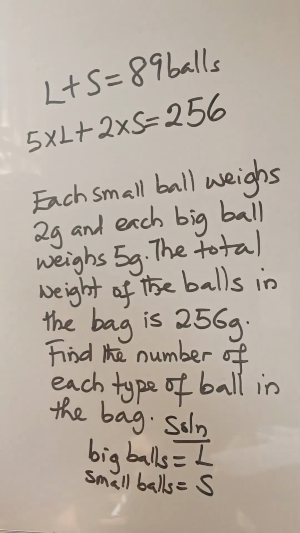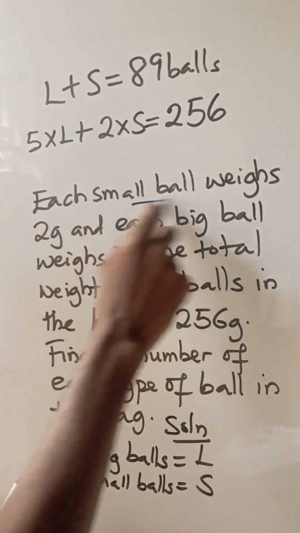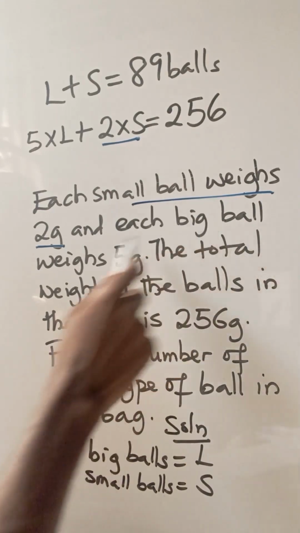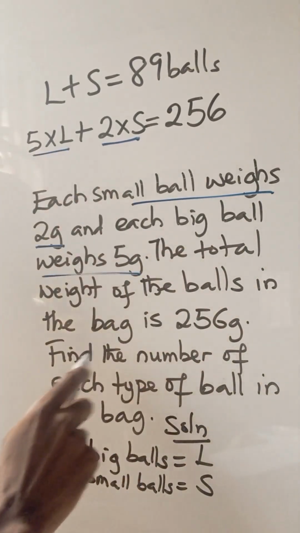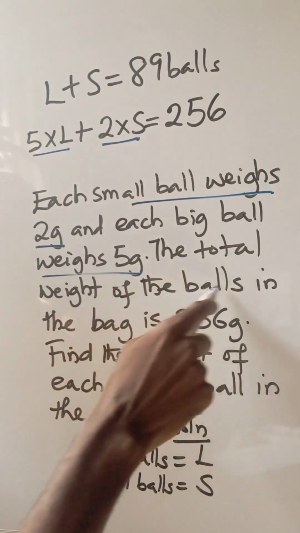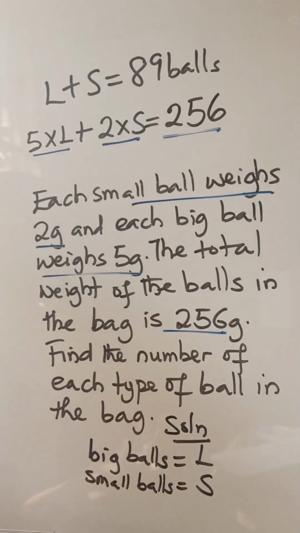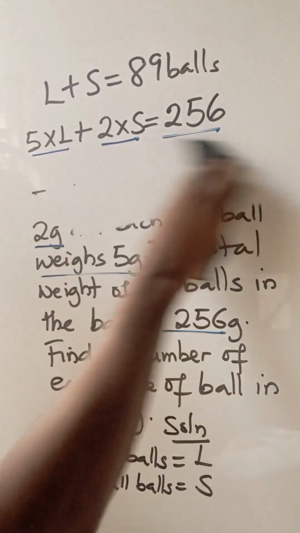So we've been able to interpret the next statement: each small ball weighs 2 grams, so we multiply it by 2, and each big ball weighs 5 grams, multiply it by 5. Now it says the total weight of the balls in the bag is this. So here is the total.